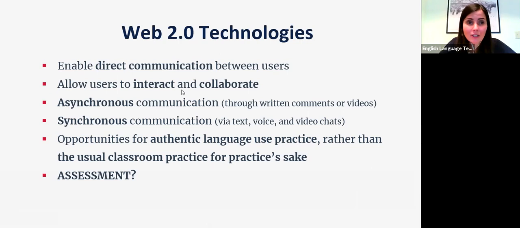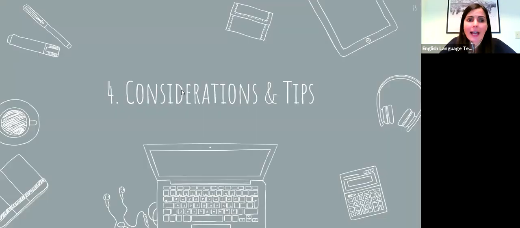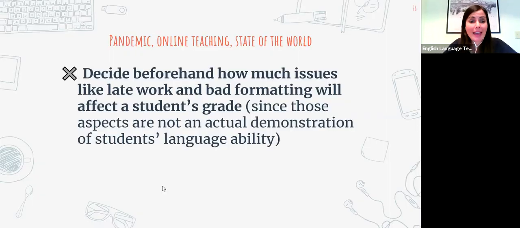A couple of considerations and tips. Decide beforehand how much issues like late work and bad formatting, like I talked a little bit about before, right, are going to affect a student's grade, since those aspects are not an actual demonstration of students' language ability, which is our focus in our learning outcomes, right?